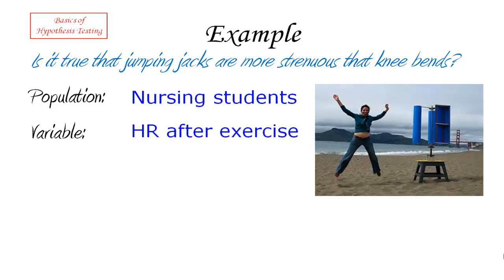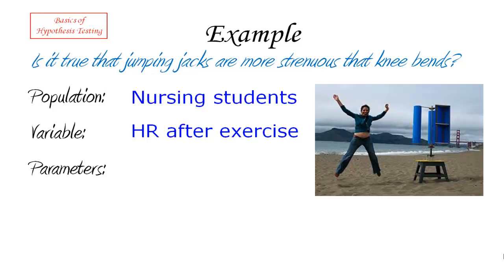So we're going to use that one. Remember, this is another choice. We identified this particular variable, but we could have used other variables to measure how strenuous it is, the level at which you feel tired. Okay, so we're going to use the heart rate after exercise to measure that.